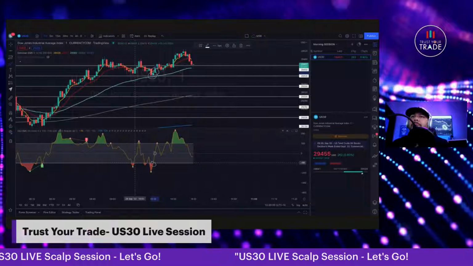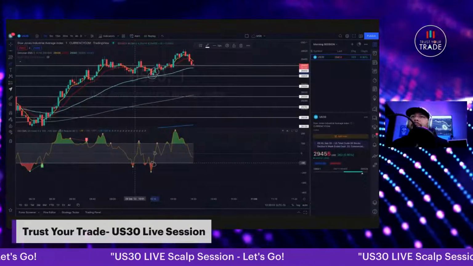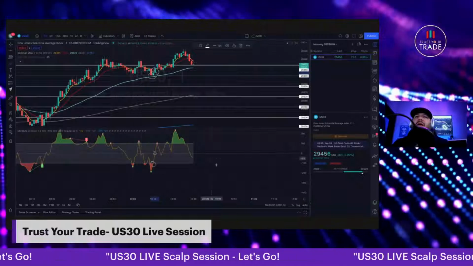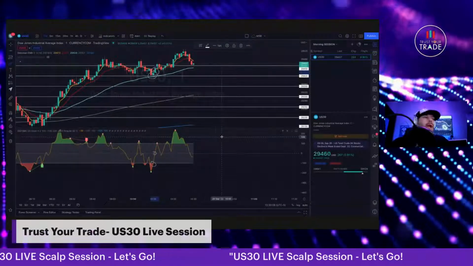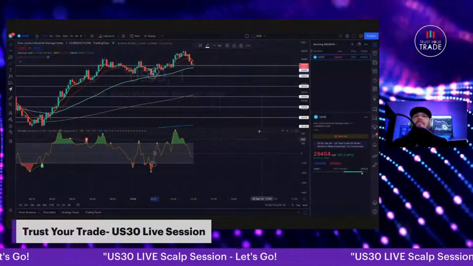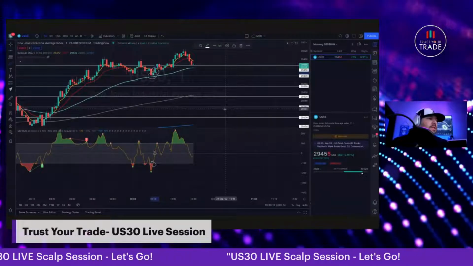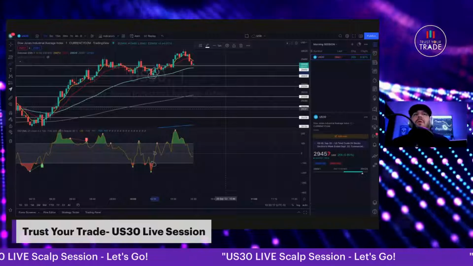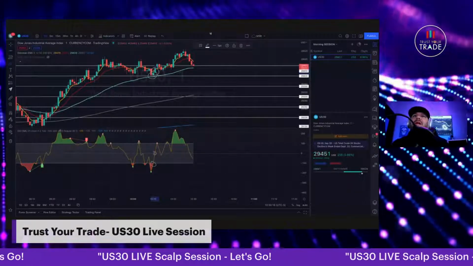Close of this candle. Look, boom. Nice. And again, we're scalpers, guys. We're not looking for big trades. They're nice when we catch them, great, awesome, but we're not looking for big trades.